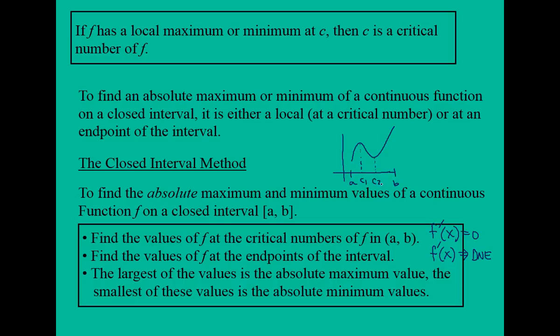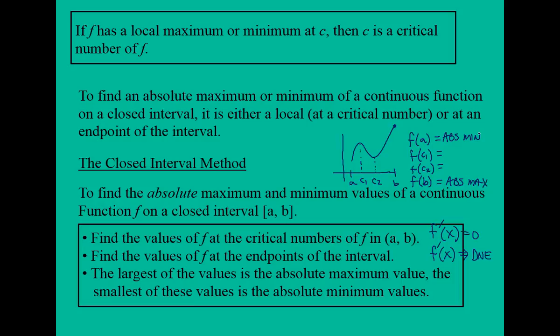So what we're going to do is plug these values that we find from locating our critical numbers into the function along with our endpoints. We'll see what those values equal, and then the largest value will be our absolute maximum. So here from the graph we can see the absolute maximum would occur at B. And in this case the absolute minimum would occur at A, f of A.